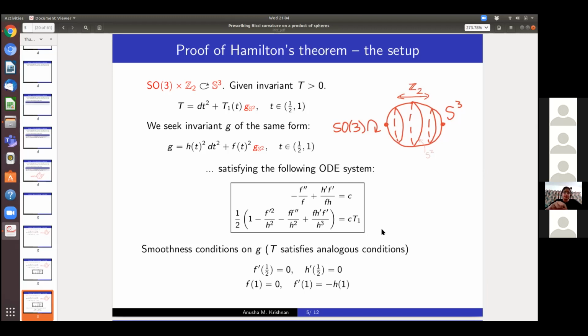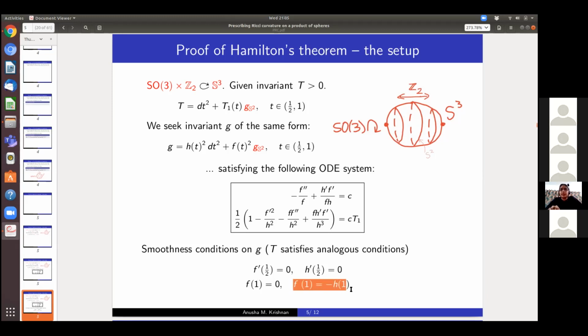Okay, so here I should mention that in order for the metric G to close up smoothly on this closed manifold S3, its components need to satisfy some conditions at the two endpoints. For example, since the function f is the radius of this two-sphere principal orbit, then as t goes to the endpoints 0 and 1, f had better vanish, which is this condition here.